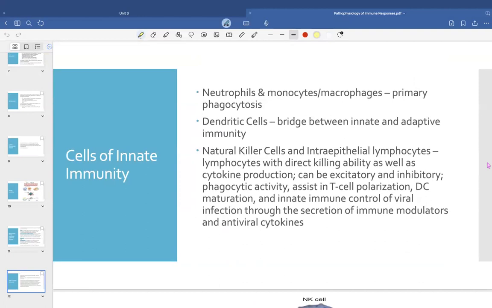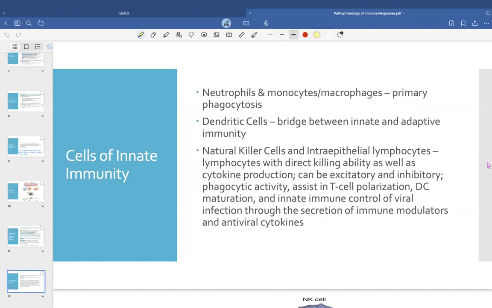They have direct killing ability, as well as the ability to produce cytokines, which again, excitatory and inhibitory, so they can attract more white cells, and they can also secrete cytokines, and so they're just natural born killing machines.